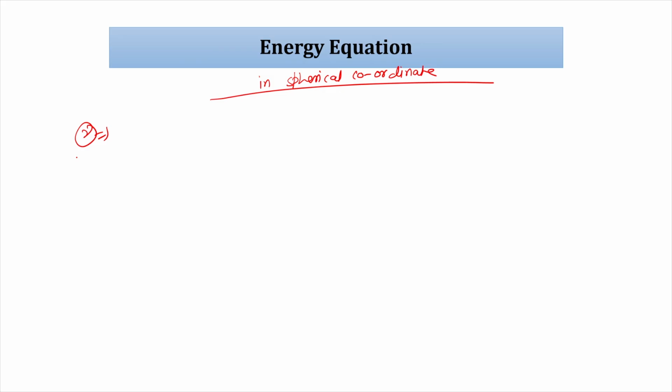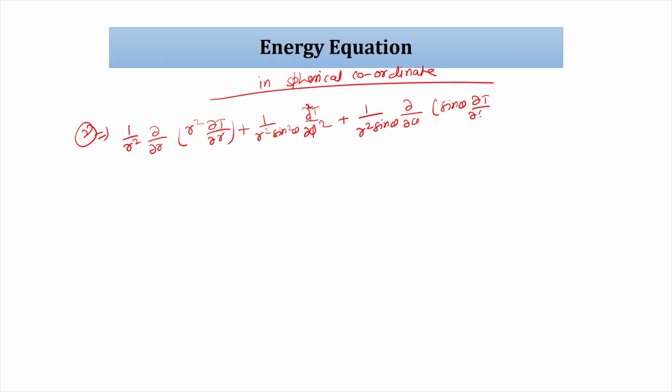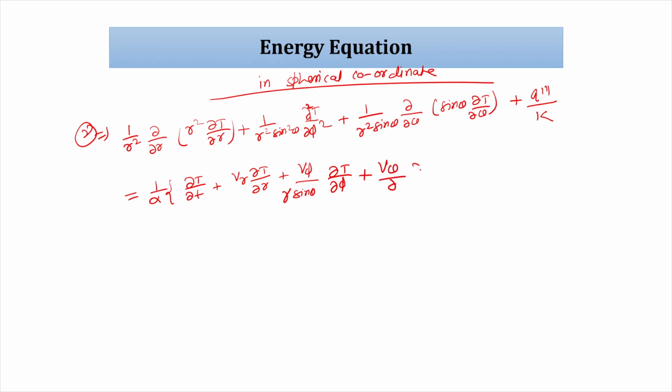In a spherical coordinate, it can be written as 1 by r square del by del r of r square del T by del r plus 1 by r square sin square theta del square T by del phi square plus 1 by r square sin theta del by del theta of sin theta del T by del theta plus q triple dash by k equal to 1 by alpha del T by del t plus V r del T by del r plus V phi by r sin theta del T by del phi plus V theta by r del T by del theta.